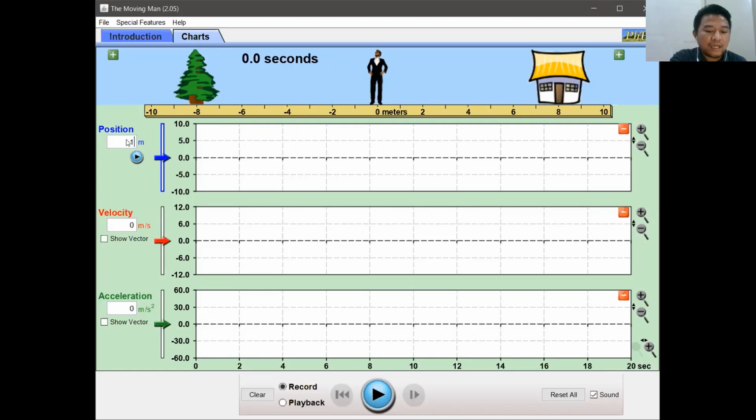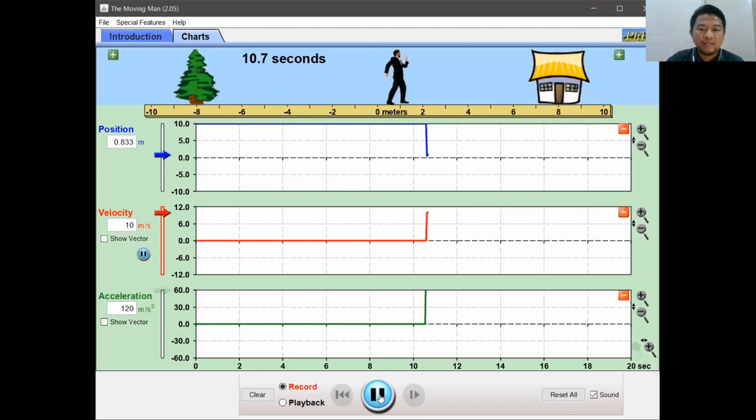Say you can set the person to be there at 10 meters, and you know that there is a change in the graph. Next, you can set it back to 0 again and change the velocity to be 10 meters per second and see what happens to all three graphs.